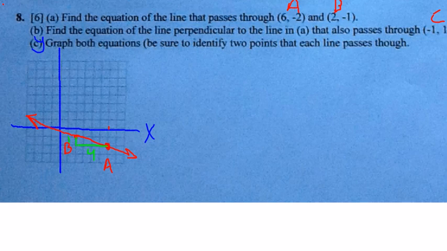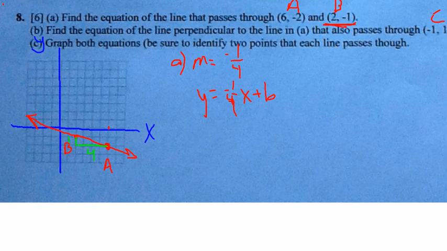So I'll go to part A. M equals -1/4. Then I also know that it goes through those 2 points there. So I know that y equals -1/4 x plus b. I'm going to use this point because it looks easier to work with.